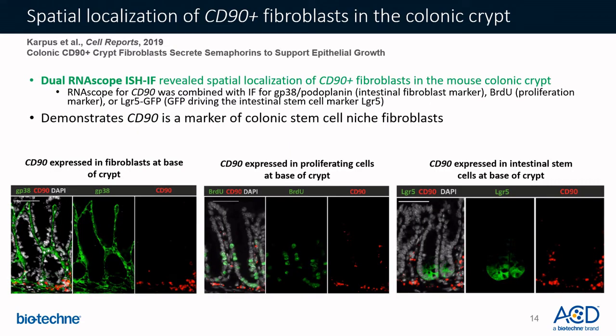Now, they used dual ISH-IF, where you can simultaneously visualize both your RNA target using RNAscope as well as an antibody. Using this sequential workflow to visualize CD90-positive fibroblast localization in the mouse colon, they revealed that CD90 is a marker of colonic stem cell niche fibroblasts.